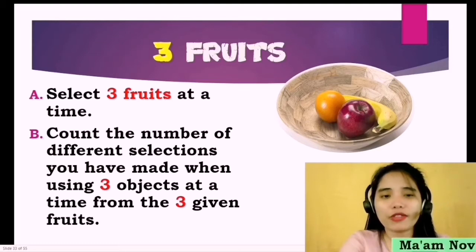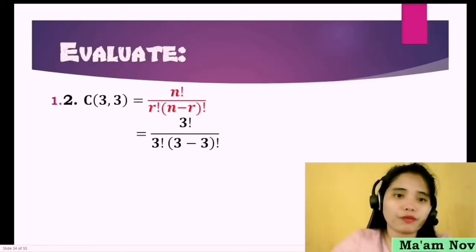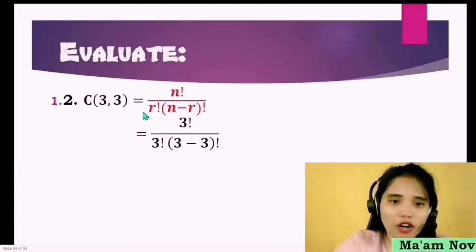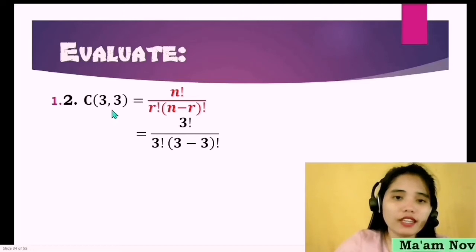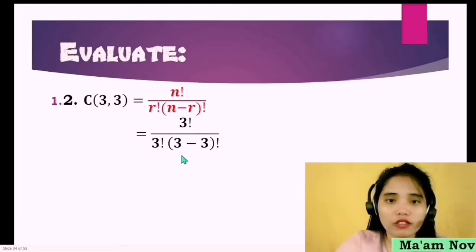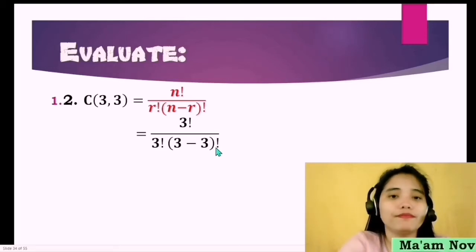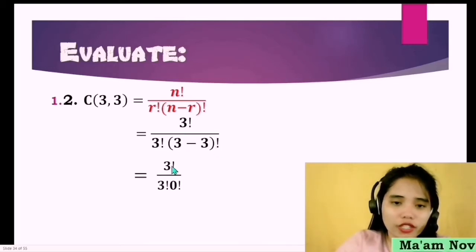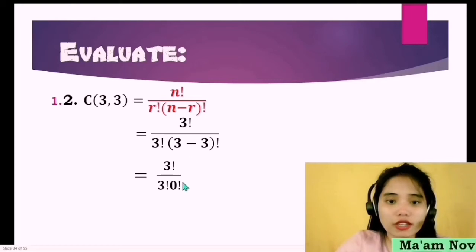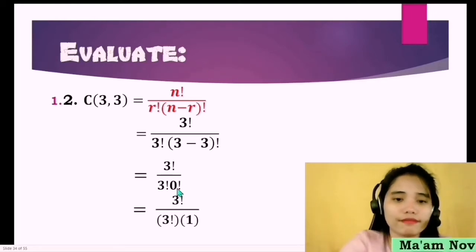Now, how about this? We will select 3 fruits at a time. So, our N here is 3 and our R is 3. Okay? So, we have 3 factorial over 3 factorial times the quantity of 3 minus 3 factorial. So, we have 3 factorial over 3 factorial. 3 minus 3 is 0 factorial.